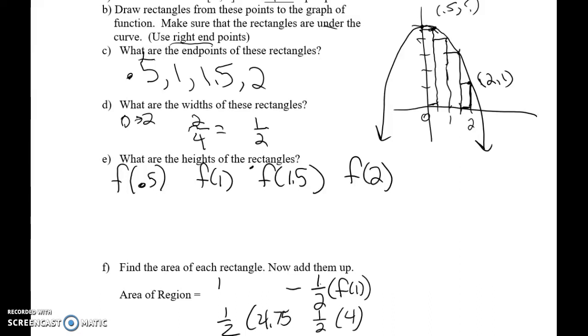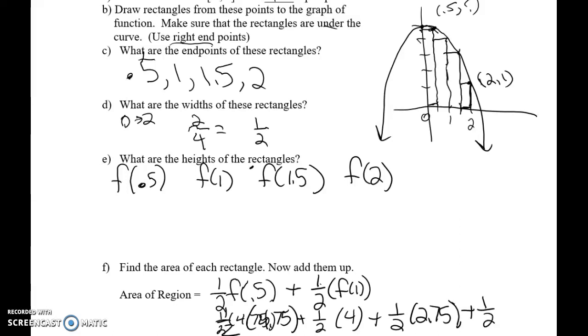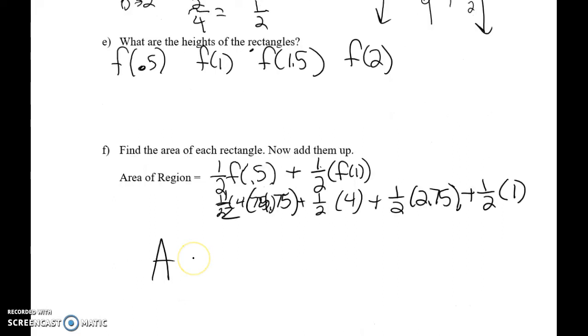The third rectangle, you're going to follow that same pattern. The function value at 1.5 is 2.75, and the fourth rectangle, the function value at 2, we already said was 1. So now we're going to multiply a half times all these and add up our area. So adding up each of these areas, we get an area of 6.25.